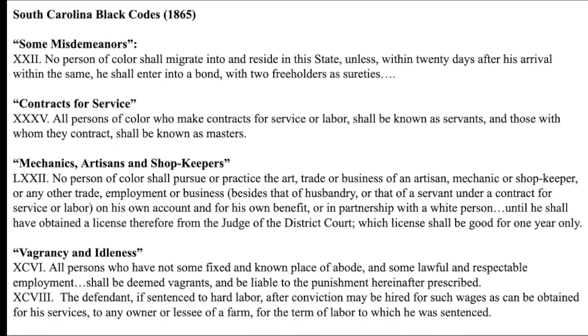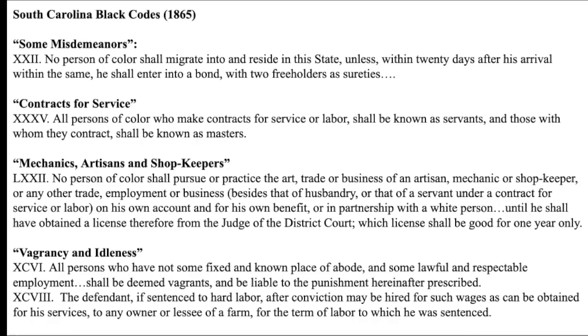Some misdemeanors, section 22. No person of color shall migrate into or reside in this state unless within 20 days after his arrival within the same, he shall enter into a bond with 2 freeholders as sureties. Contracts for service, 35.